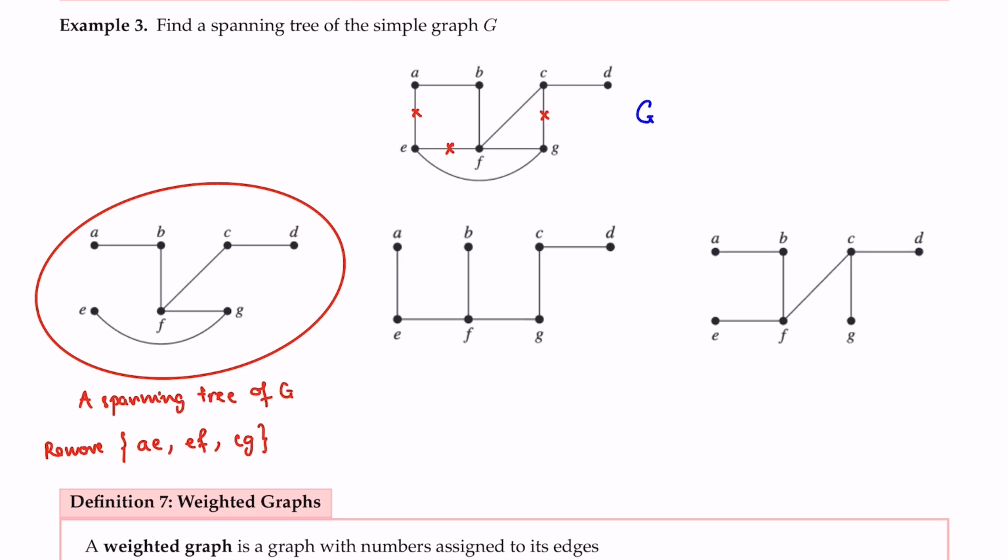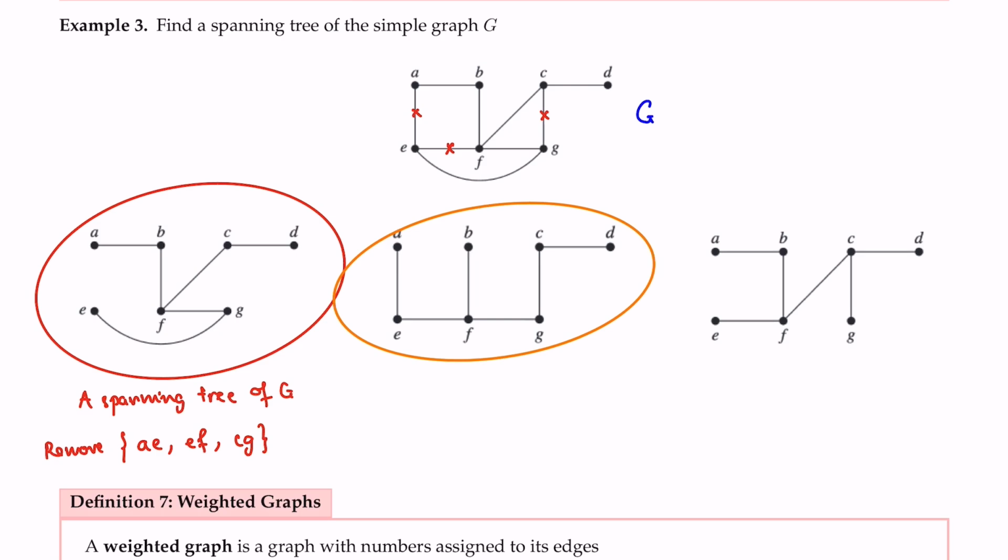Another possibility for an answer is that I remove different edges so I can form the spanning tree. But keep in mind again that the spanning tree needs to have all the same vertices of G, and some or possibly all of the edges of G have to be included in the spanning tree as well.